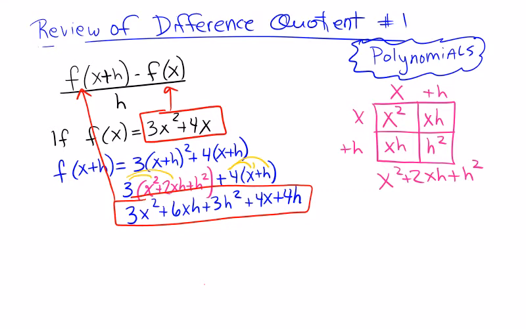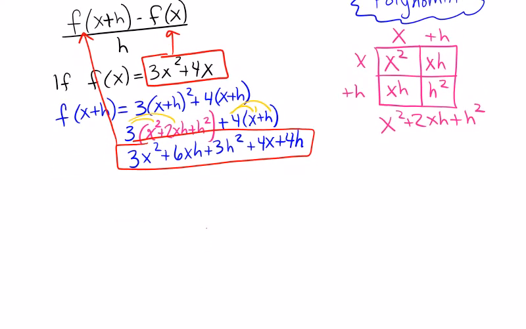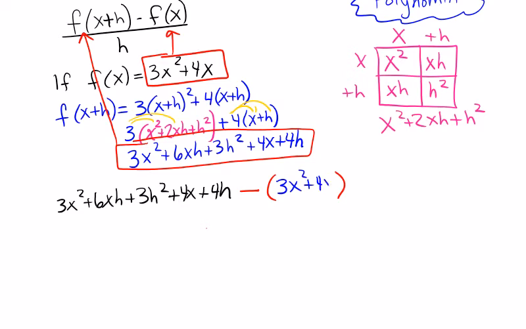So our difference quotient will end up being, the first part is 3x squared plus 6xh plus 3h squared plus 4x plus 4h. Then we are going to subtract the whole original first equation, which is 3x squared plus 4x, all over h.